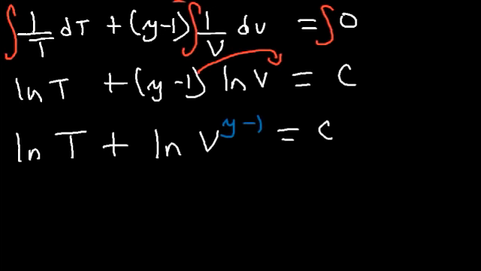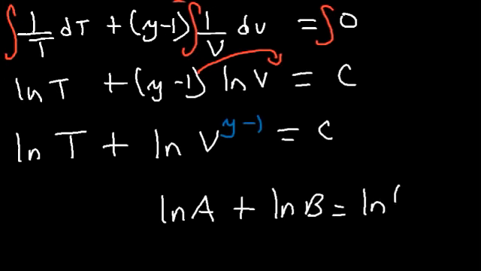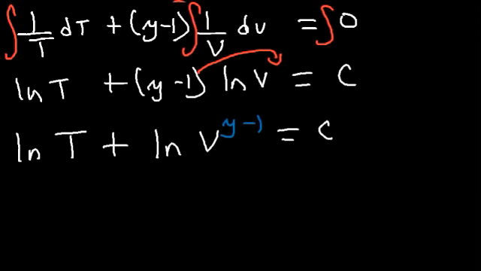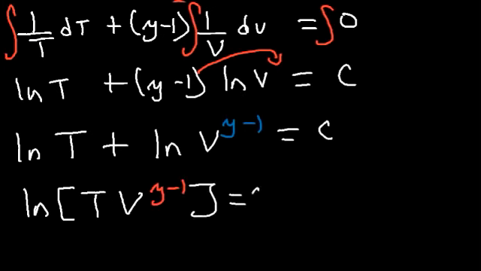Another property of logs that we can employ is this property. ln a plus ln b is equivalent to ln a times b. So we can take two natural logs and compress it into a single natural log. So ln T times V raised to the gamma minus 1 is equal to a constant.